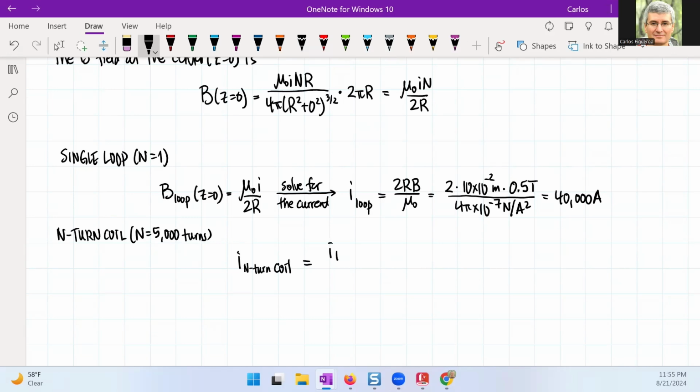This is going to be the current of a loop, but now I have a whole bunch of loops. So this tells me that I'm going to get 40,000 amps divided by 5,000 turns, which then means each loop gets 8 amps. So if you put a 14 gauge wire and you ran 40,000 amps to it, this is going to burn up explosively.